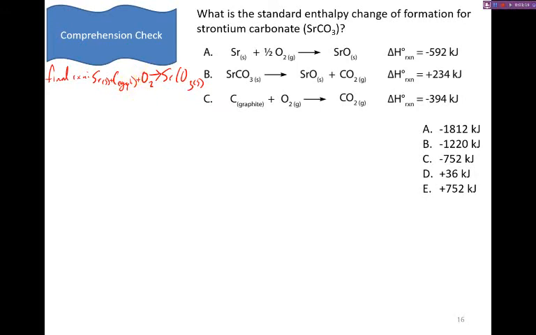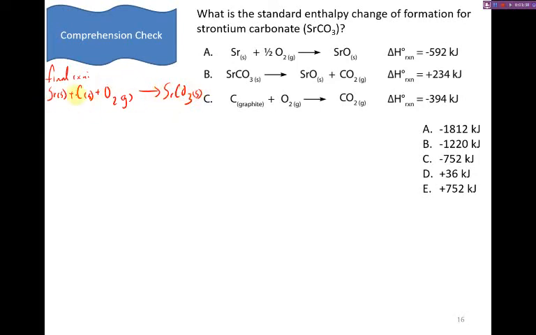Okay? And let me rewrite this to give us a little bit more space. So we've got strontium in its standard state plus carbon. I'm just going to write S for solid. And then oxygen in its standard state. Those react to form strontium carbonate. Now, it's not balanced.